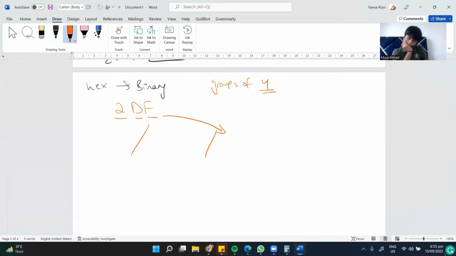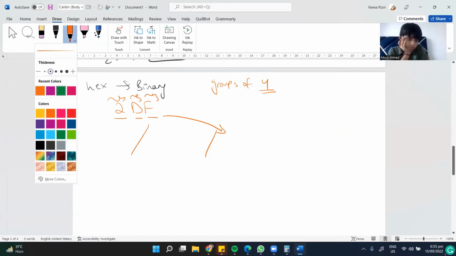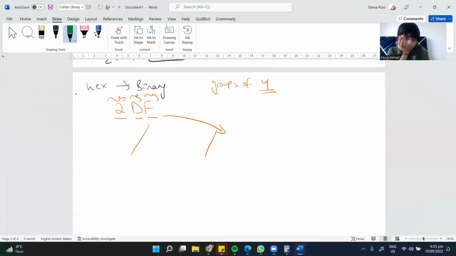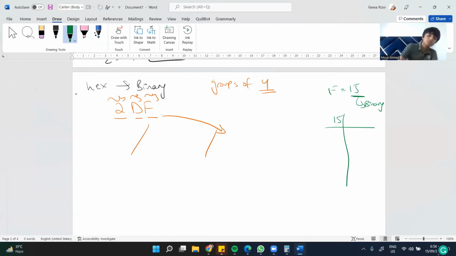So let's try converting that. We have a total of 3 groups. So F, we know that F is equal to 15, right? Now we have to convert 15 from denary to binary. 15 divided by 2 is 7.5. So 7 and then 1.